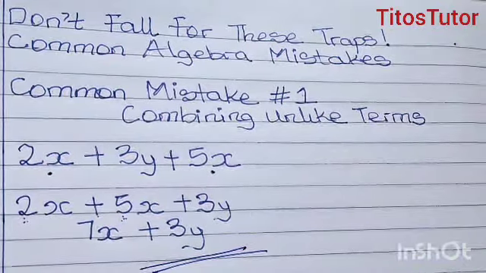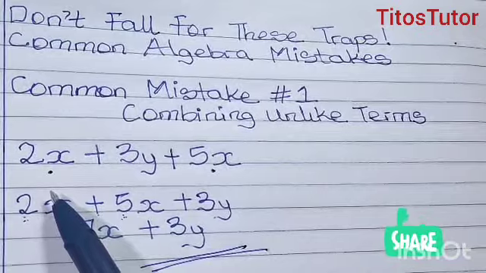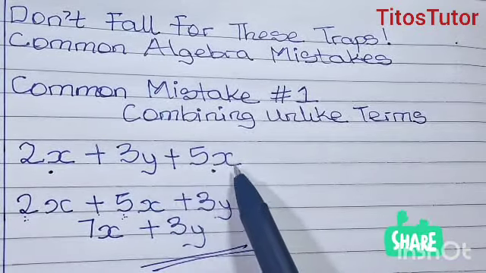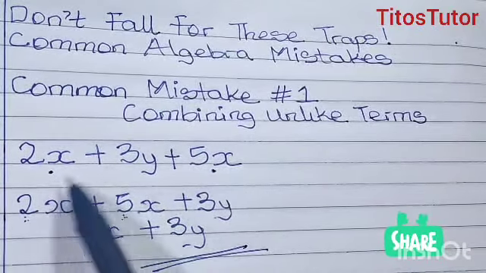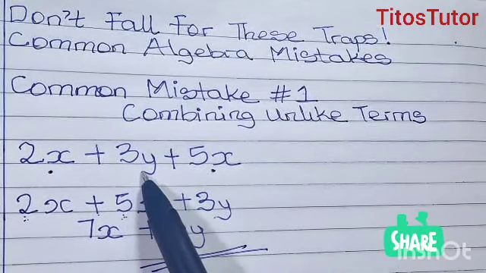Let's see why. Let's look at this algebraic expression: 2x plus 3y plus 5x. Remember, there are two terms that have x, but only one has y.